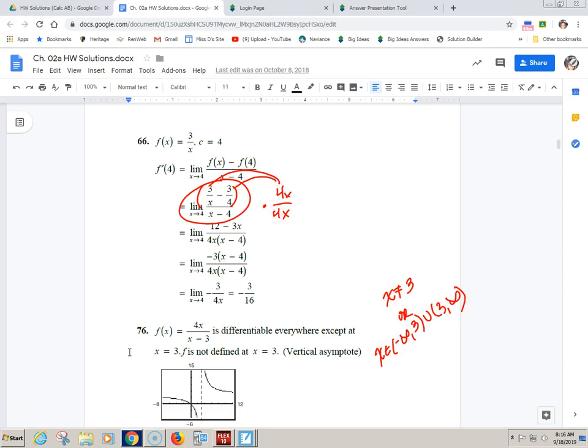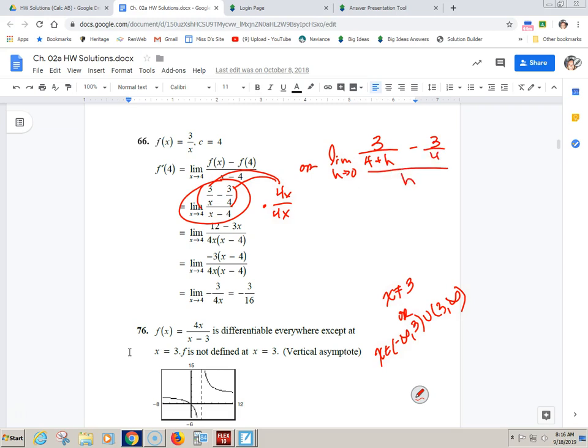You guys didn't have to use that form though, I don't think. Did they give you the f of x minus f of a form, or did they just say use the definition? Use the alternate. Okay, so the other way you could have gone would have been the limit as h goes to 0 of f of a plus h, which would have been your 4 plus h, minus f of a, all over h.